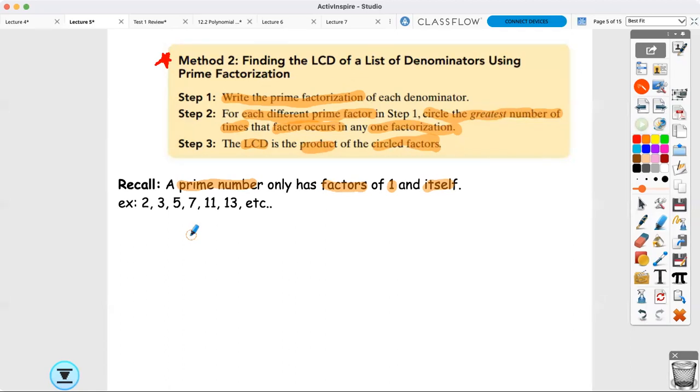Anyone still writing these steps down before we move to the example? All right, I'm gonna go ahead and move on.